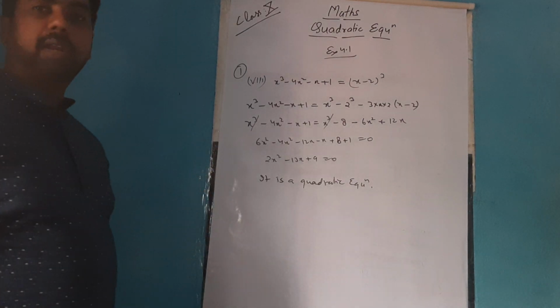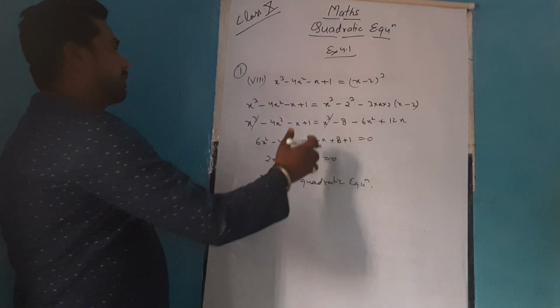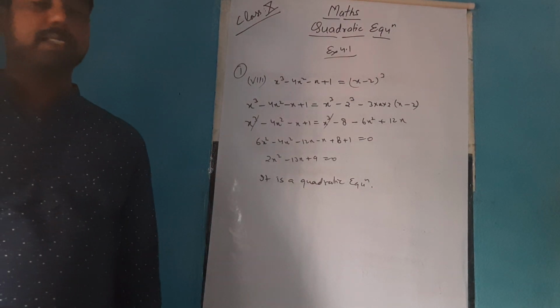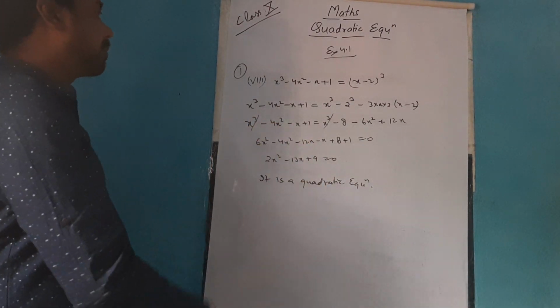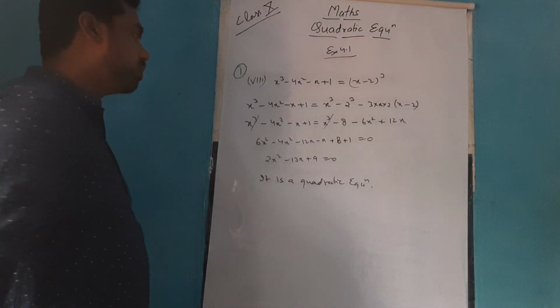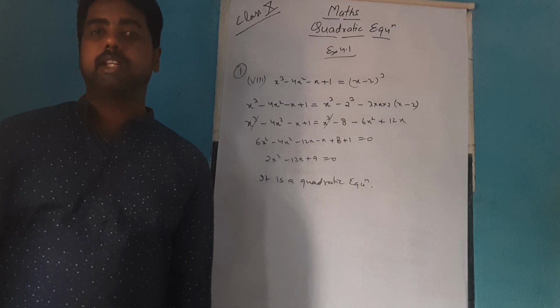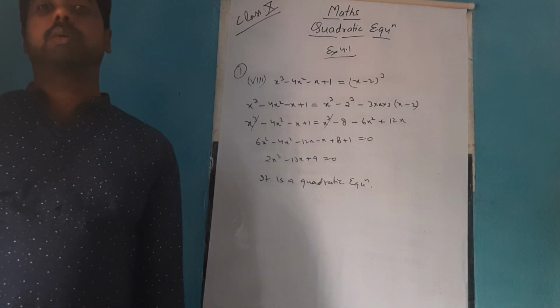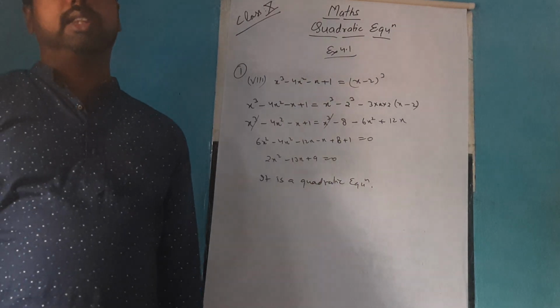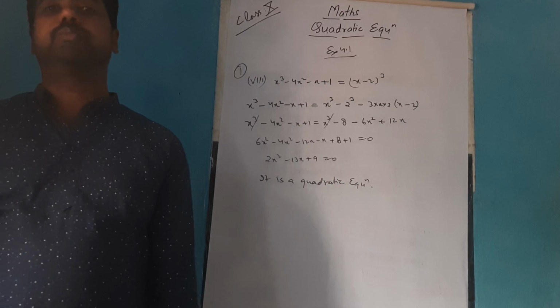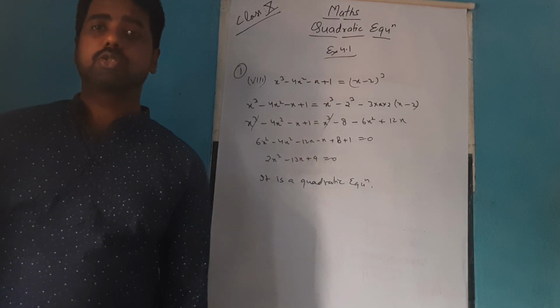Then in simplifying we find that x cube is cancelled, and after keeping all the RHS toward the left side, we found 2x square minus 13x plus 9 equals 0. It is quite clear that the highest degree of this equation is 2, and therefore we conclude that it is a quadratic equation. This is all about the first question.